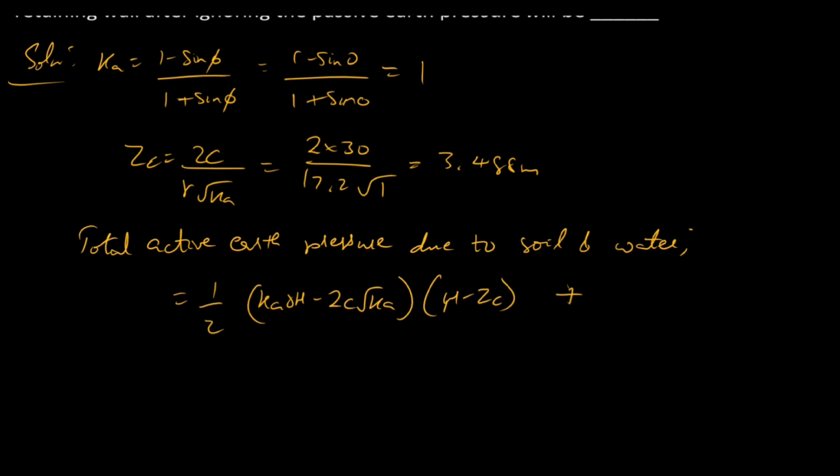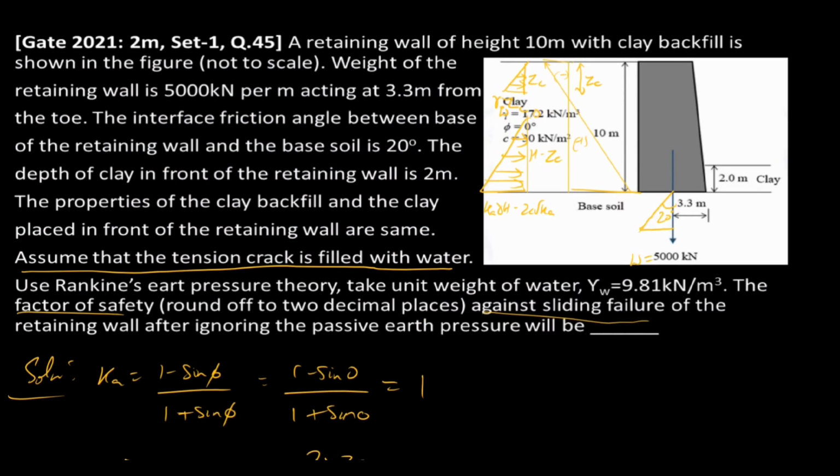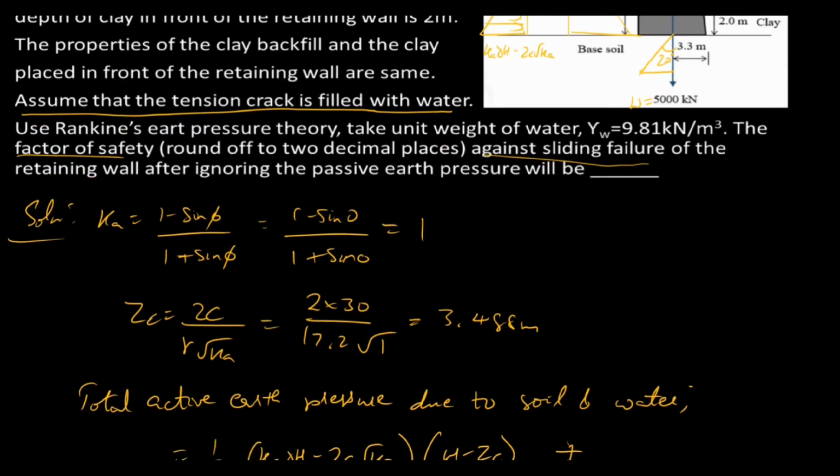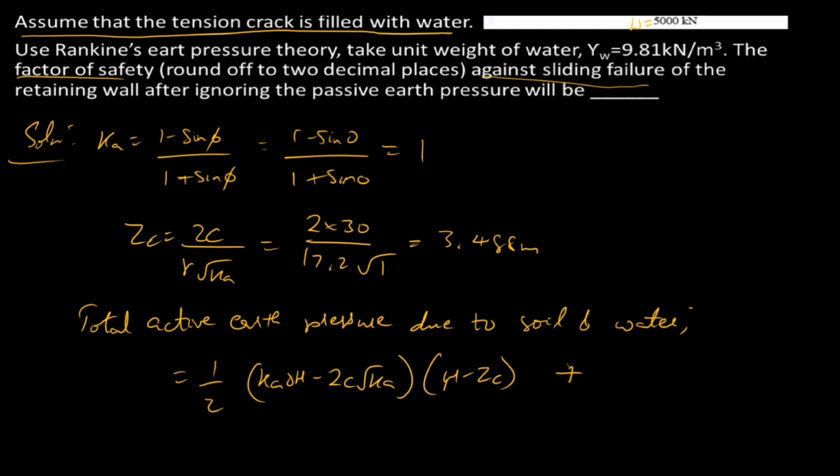Plus the area of the pressure distribution of the top layer, which is 1 by 2 into gamma w Zc into Zc.